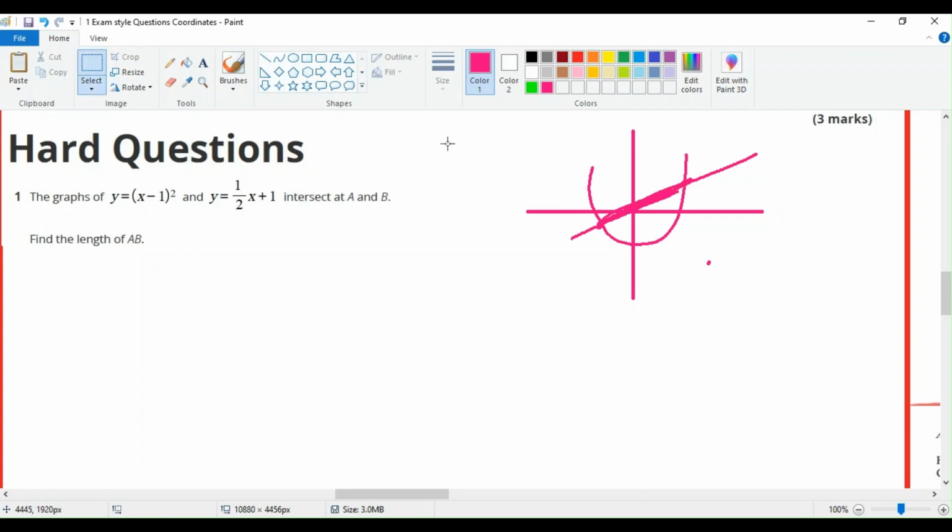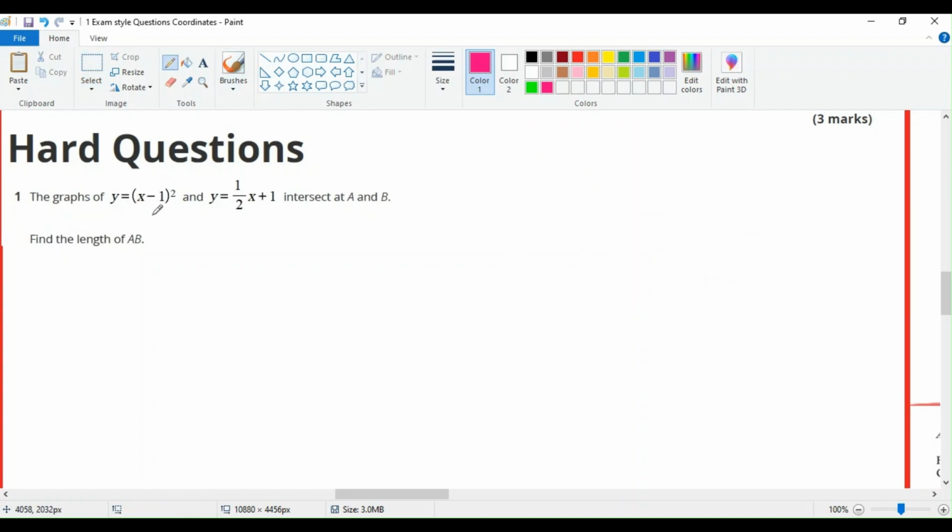Let's see how do we do this. First of all, we know very well that the first equation is y equals x minus 1 whole square, and the other one is y equals 1 over 2 x plus 1. So that means that we can write this equation in this way: x minus 1 whole square is equal to 1 over 2 x plus 1, since both are equal to y.